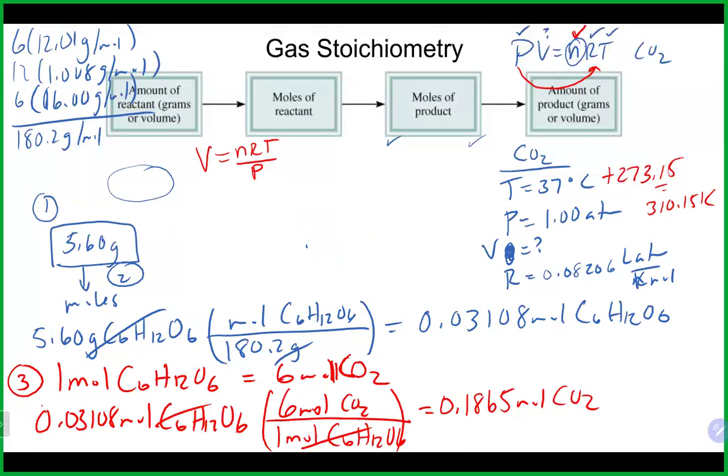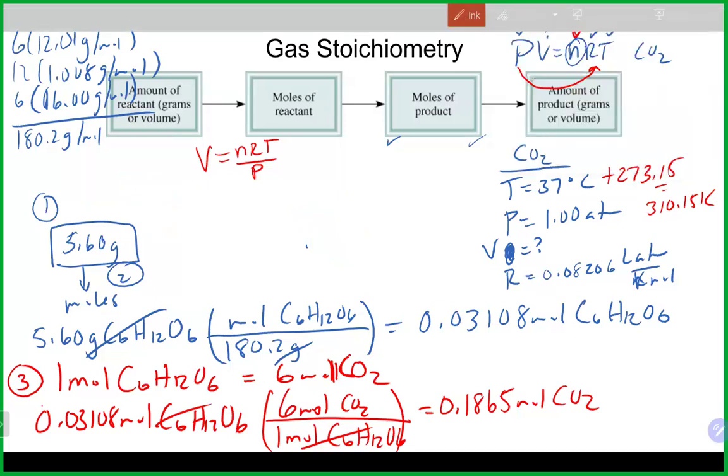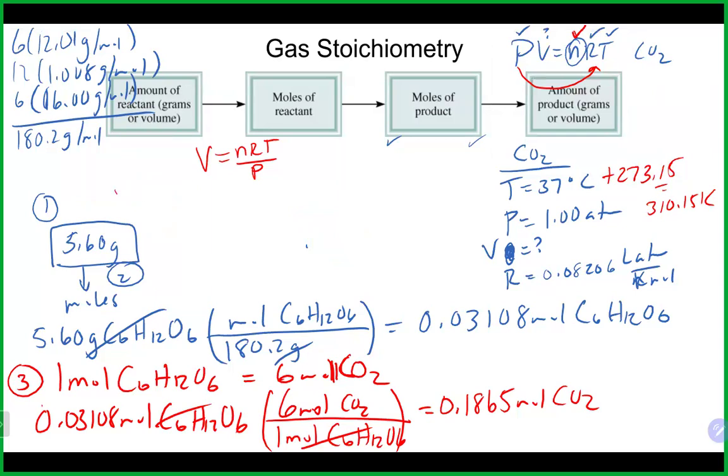So putting in our values for n, our volume will equal what we just calculated there, 0.1865. R is a constant, so we always have that value. Our temperature there, 310.15.